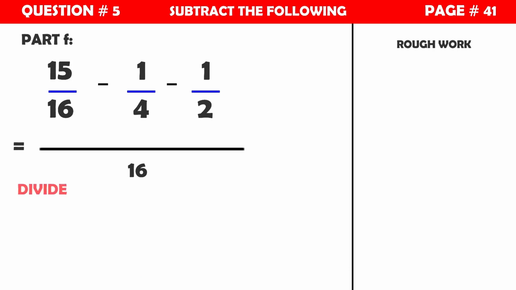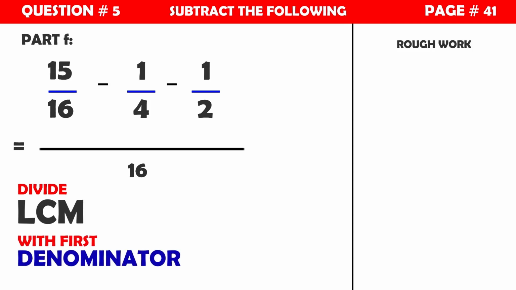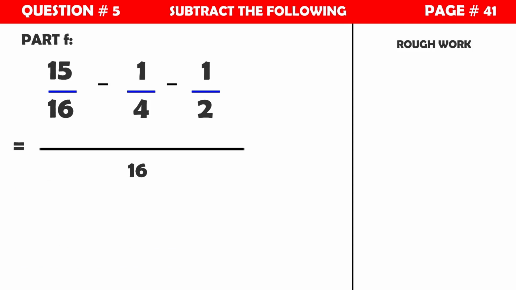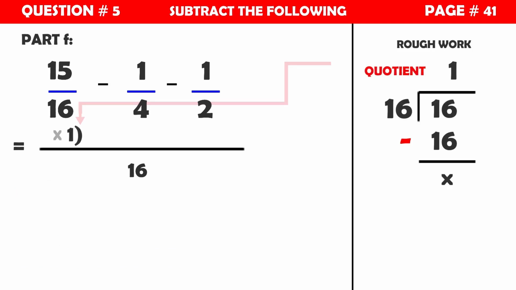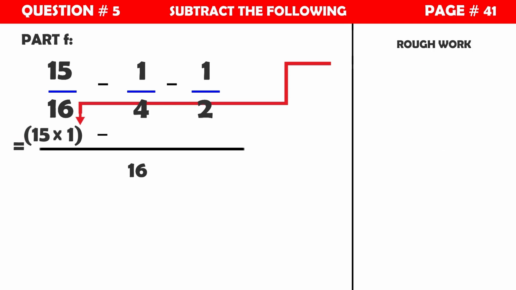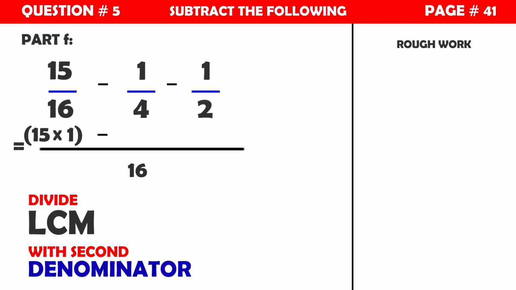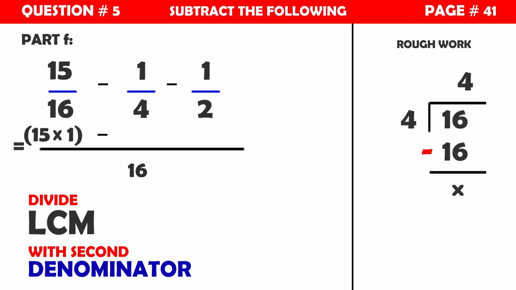We have to check what number multiplied by the denominator gives the LCM. 16 times what gives 16? Very easy. 16 1s are 16. So multiply 1 with the numerator 15. We will do the same for the second fraction. 4 times what gives 16? Yes, 4 4s are 16.